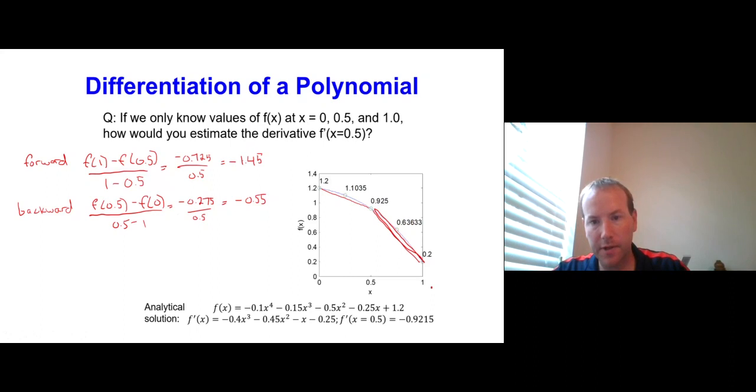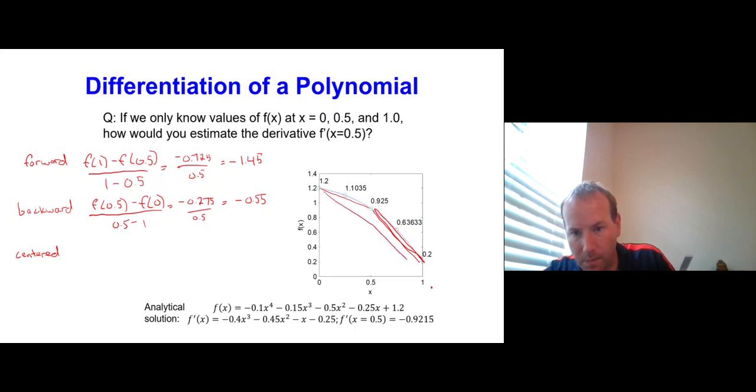That's a fairly different approximation of the derivative at this location, isn't it? And finally, there's one other approach that we might take called the centered approach. In this case, you could look at the very first point and the very last point and look at the slope connecting those two.